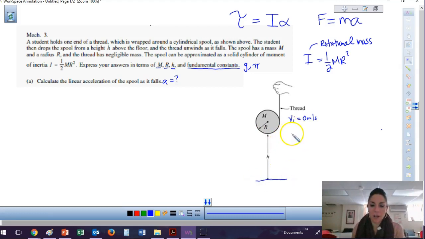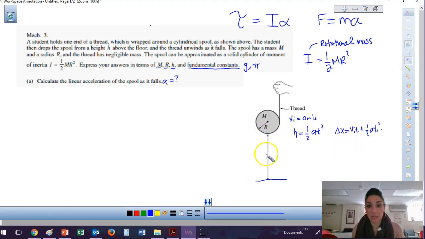So I immediately thought, okay, h is going to be 1/2 at squared, because this is our kinematic equation, v_i t plus 1/2 at squared. And if the initial velocity is 0, then this whole thing is just 1/2 at squared.